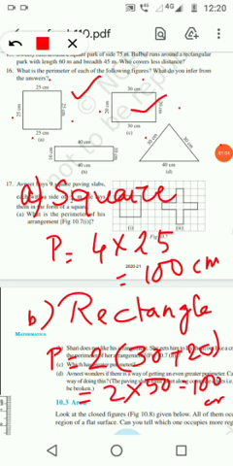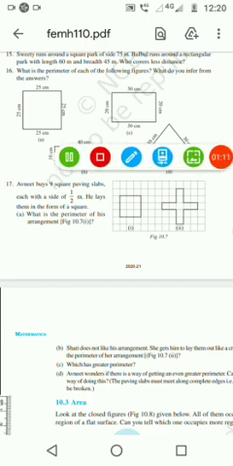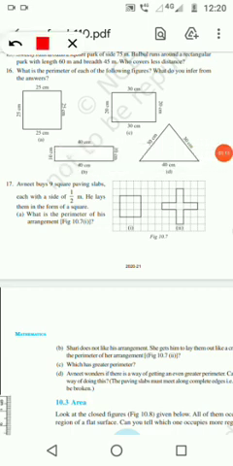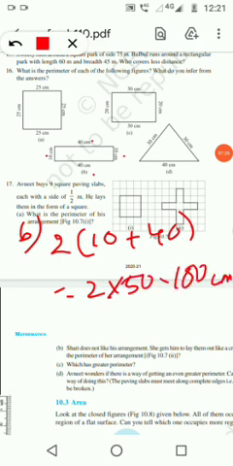Next. Okay, I did question number C. Now I am doing B. B is again a rectangle. See 10, 10, 40, 40. So 2 into 10 plus 40, that is equal to 2 into 50 centimeter, which is equal to 100 centimeter.